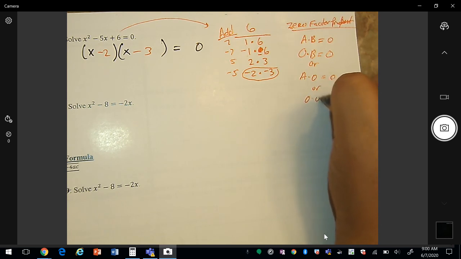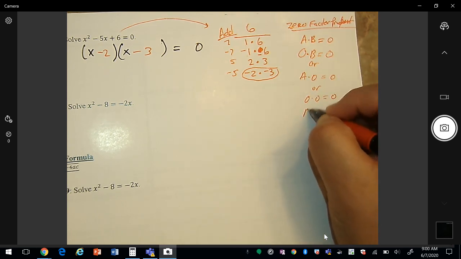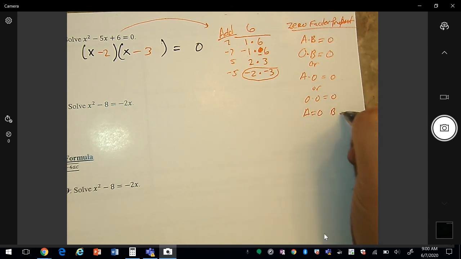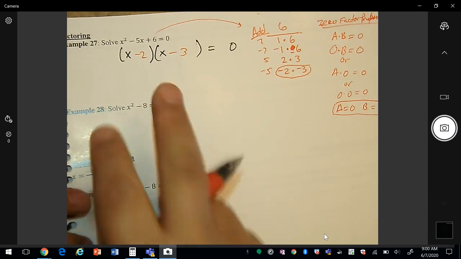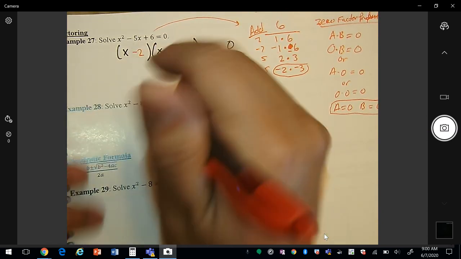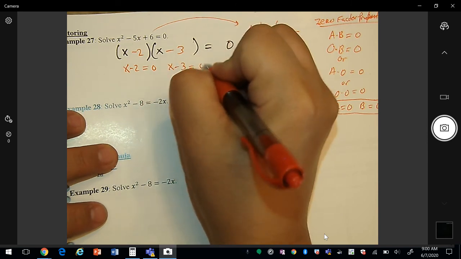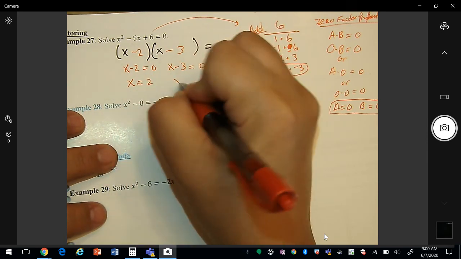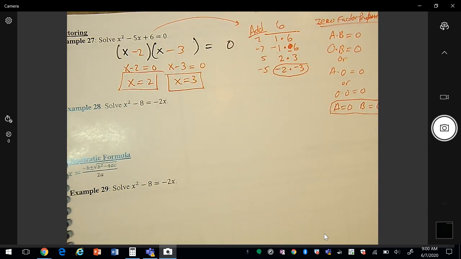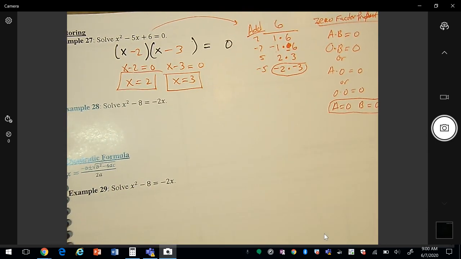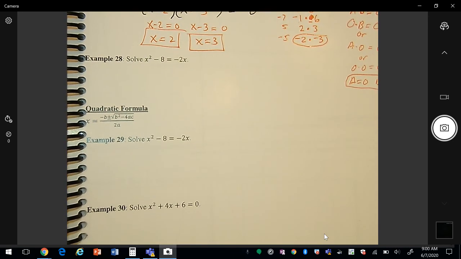Or maybe they were both 0. So either way, what this tells us is that we can set each one equal to 0. Since I have two things that are being multiplied, I can set each one equal to 0 and solve for x. And so this would be my two solutions. Again, these are just the points in the graph where the graph intersects the x-axis.